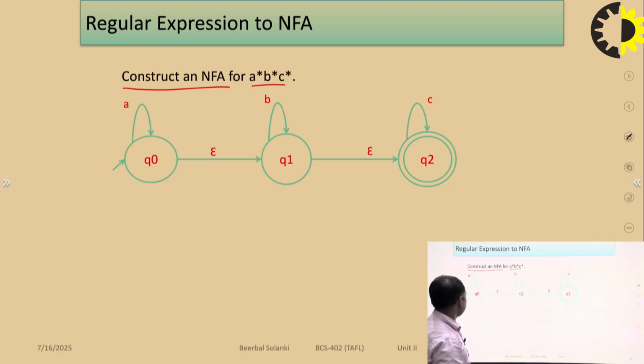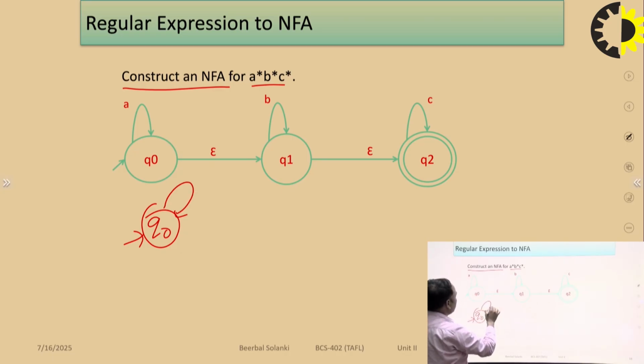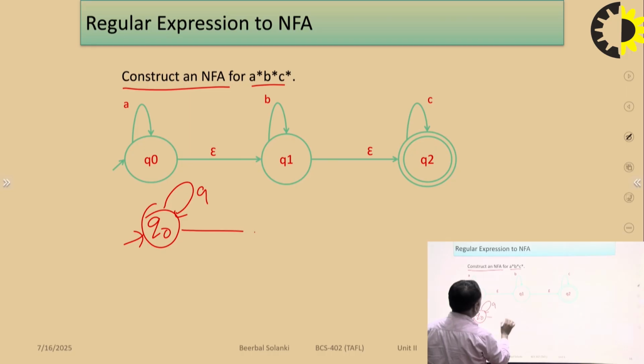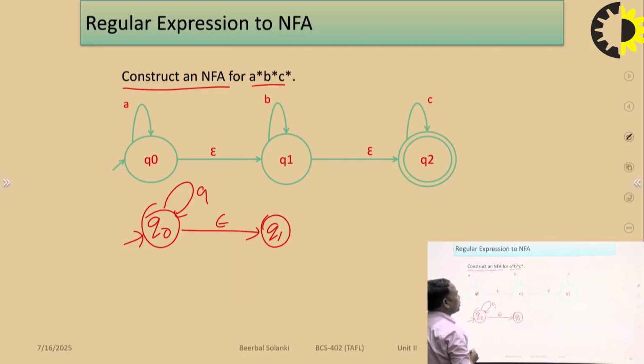So here Q naught is the initial state, and take the input as a, b, c, and epsilon, and then Q1 state, and the closure of b.